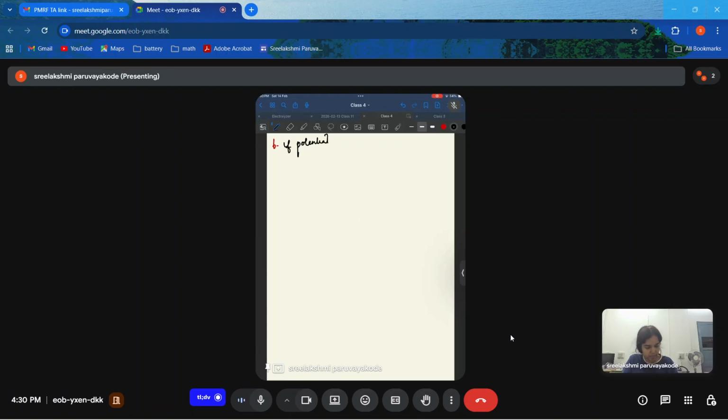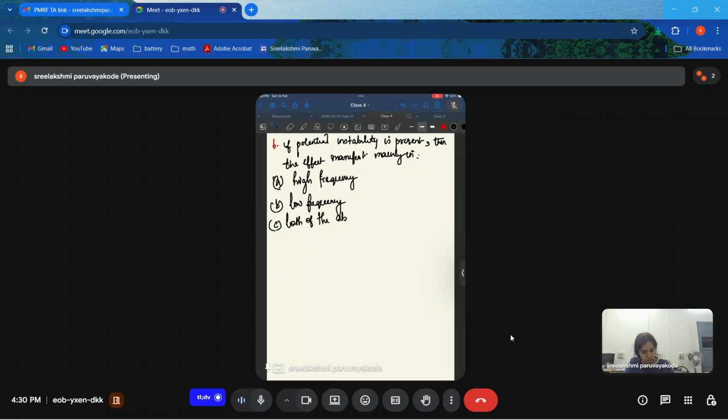If potential instability is present, then the effect manifests mainly in: option A, high frequency; option B, low frequency; option C, both of the above; or option D, none of the above.